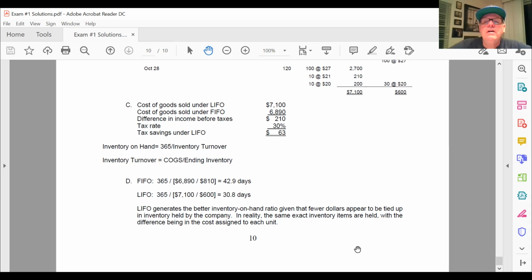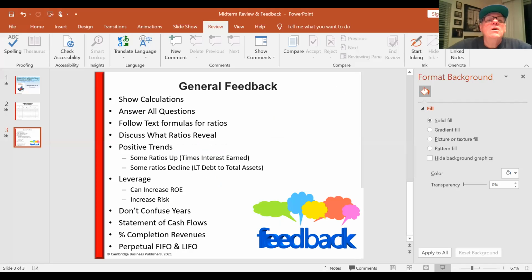Let me do a new share here. Let me go back. So overall, again, I think the results were pretty good. Do remember going forward. Let me get rid of the floating meeting controls. It's not easy to work in Zoom and you're losing your voice and you're tired and it's been a long day.